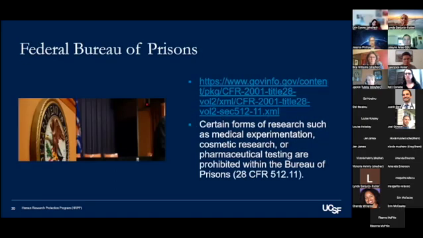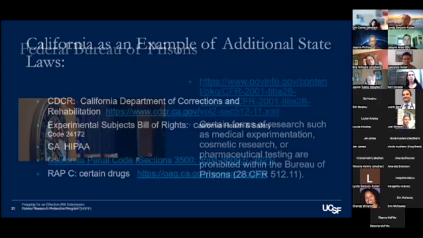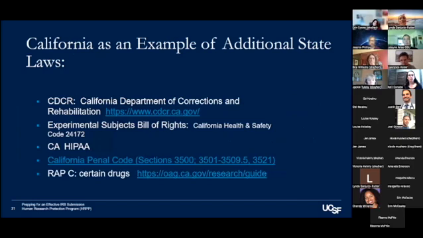And then there is another set of regulations for the Federal Bureau of Prisons. I did include the link because these regs are even lengthier, but they seem to sort of repeat themselves for certain areas: no medical experimentation, cosmetic research, pharmaceutical testing, etc. And then each state potentially has their own requirements for prisoner research.